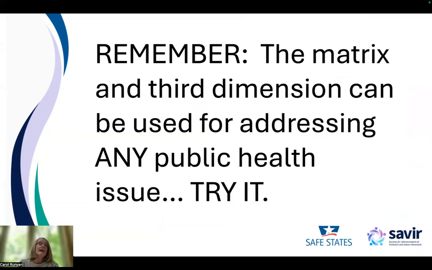I've had students who have learned this in my injury course, but then gone on to do other things, write to me and say, I used it for schistosomiasis in West Africa and it worked. Or I've used it for cancer control in my county health department. So I know that it can be used. I know that it works. And I encourage you to try it on whatever problems you're working with.